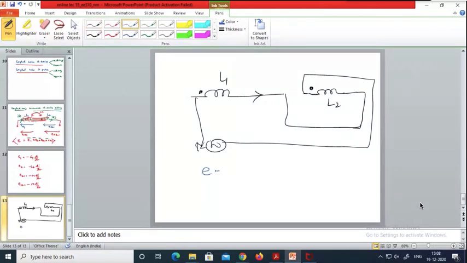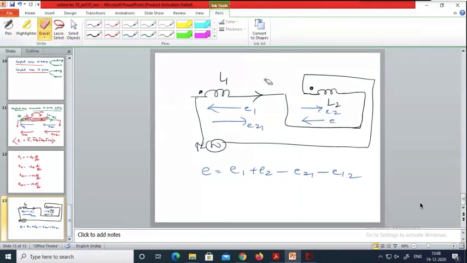E is equal to E1 plus E2 minus E21 and minus E12. So you can mark here: here it is E1 and the other way around is E21, and here it is E2, and here it is E12.